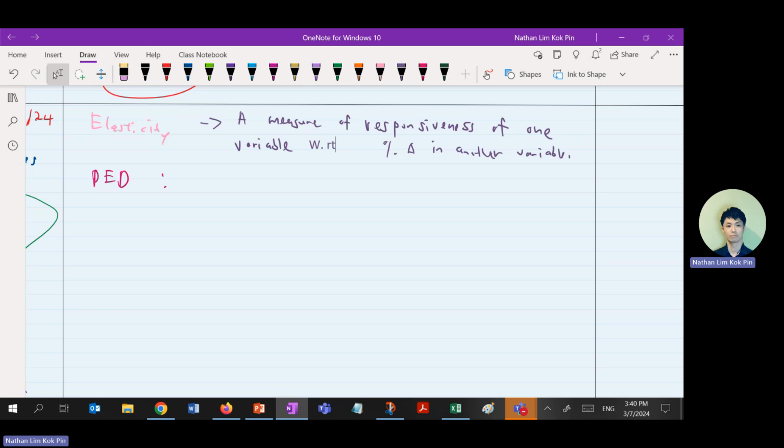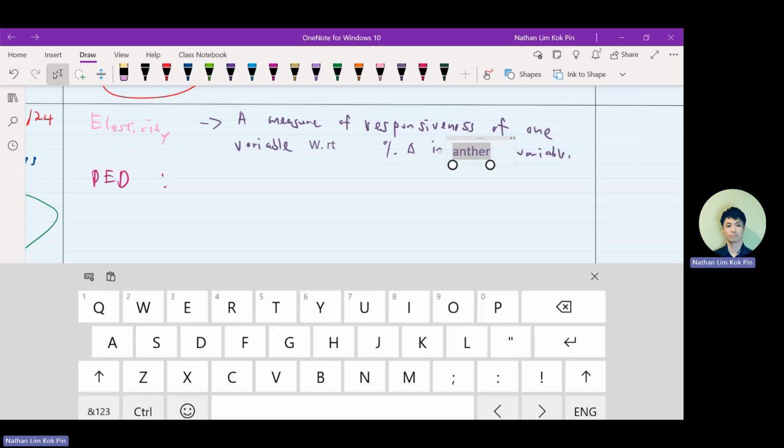A measure of responsiveness of quantity demanded with respect to the percentage change in the price of the good itself. I don't have the luxury of time.